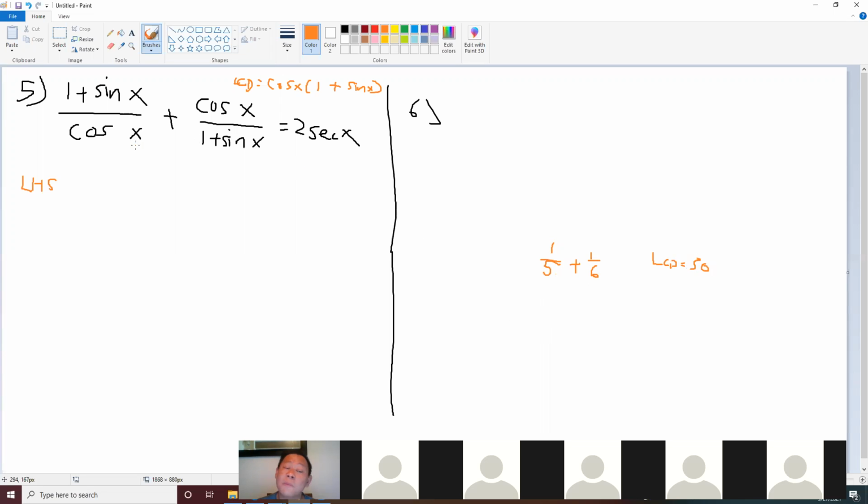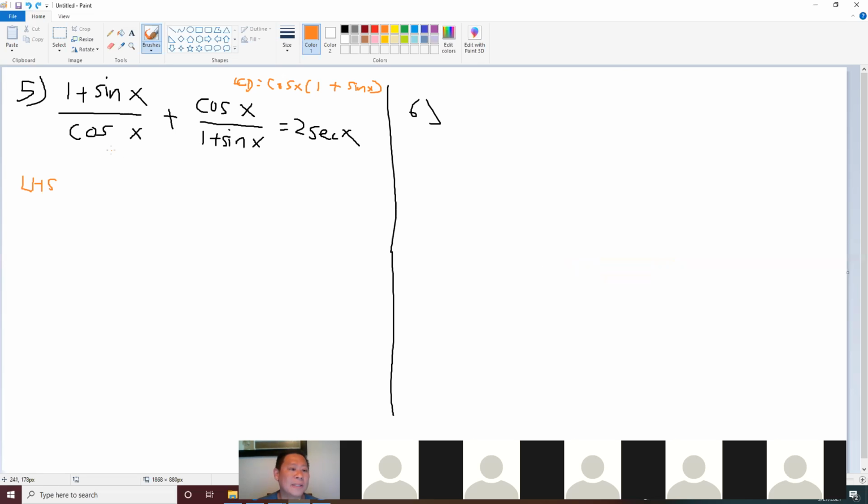So this is the same thing. Mostly if you see fractions and they are not common, the LCD will be this one times that one. So it would be cosine x times 1 plus sine x. It's very similar to the fractions that you did with numbers 5 and 6. There's nothing in common between 5 and 6. You just multiply 5 times 6 is 30. That's your LCD. So that's how you figure out your LCD in this case.